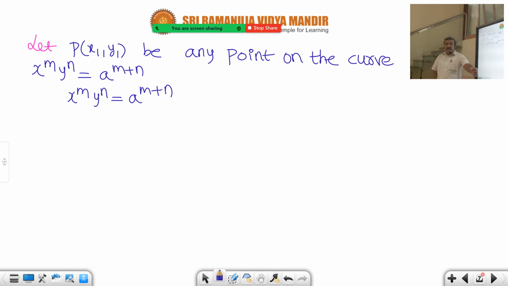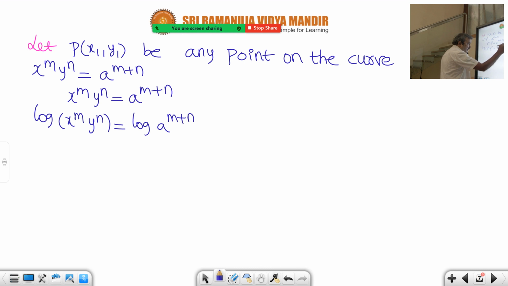Correct? Now taking logarithms on both sides, logarithm of x power m into y power n, logarithm of a power m plus n. Now here logarithm of mn, logarithm of m plus logarithm of n. So which is logarithm of x power m plus logarithm of y power n.